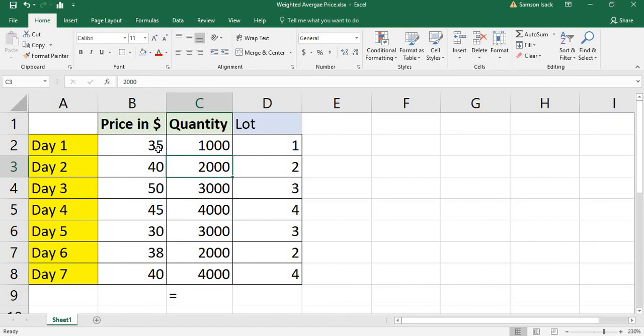The sum of the products gives the overall price of all the quantities bought, and it has to be divided by the total sum of the quantity. So we take day 1 price into quantity, plus day 2 price into quantity, plus day 3 price into quantity. This is the way you get the sum of the products.